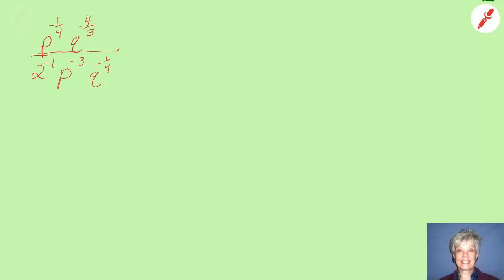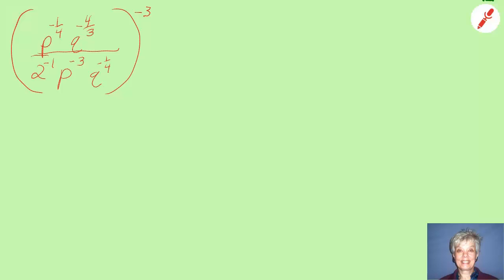Now this fraction has parentheses around it, and it is being raised to the negative 3rd power. My goodness. There are a couple of ways I could work this, but notice that all of the powers on the fraction are negative, and the exponent on the outside of the parentheses is negative.